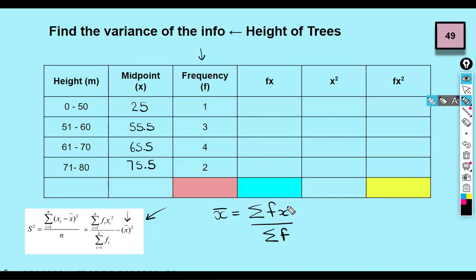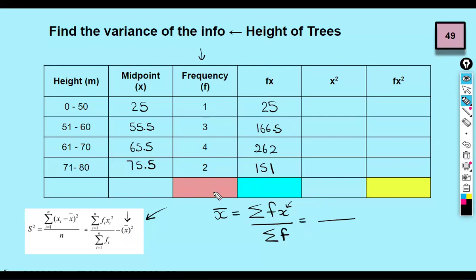To calculate the mean, we need the fx value. The midpoints are considered x, and you have the frequency, so you multiply the frequency values by the corresponding x values. For the fx column, I'm getting 25, 166.5, 262, and 151. You have to add up the fx column, which will give you sigma fx, and then add up the frequency column.